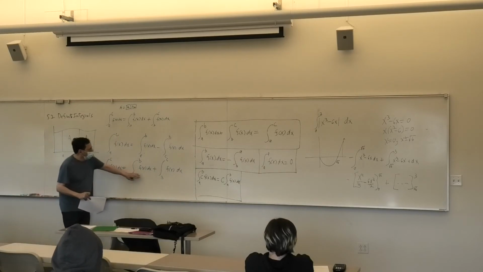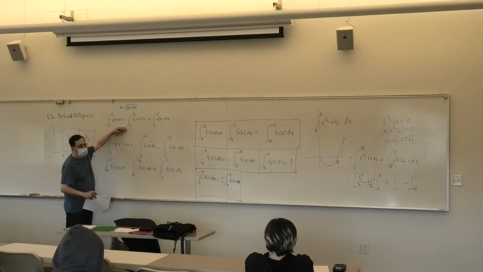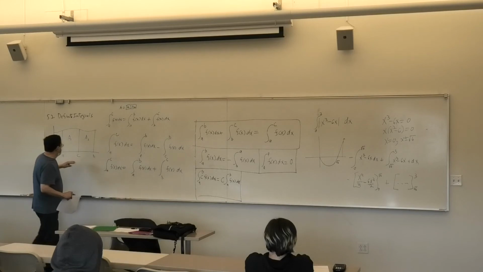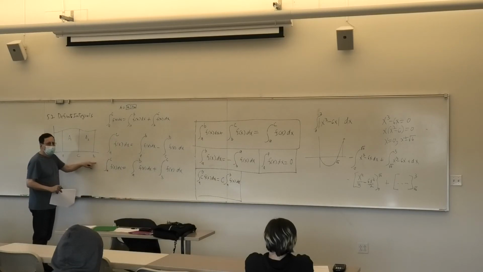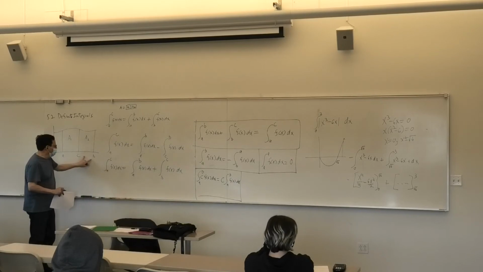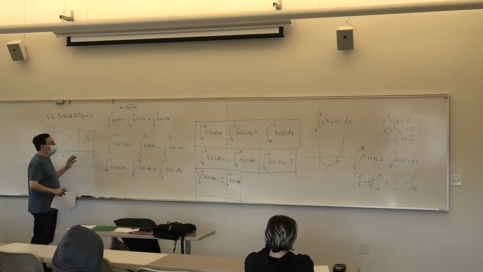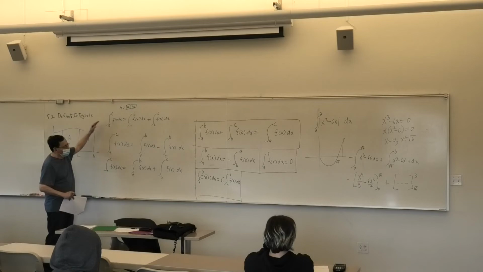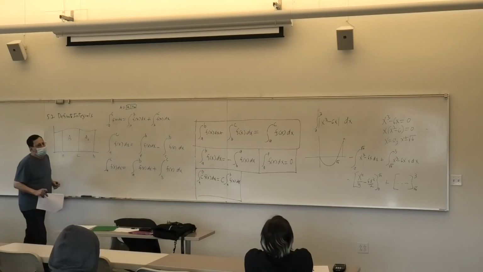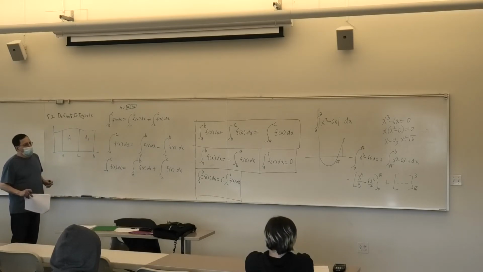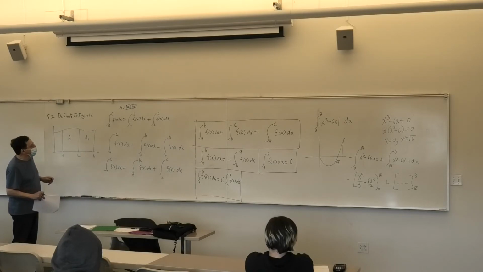Well, that's the same formula I had over here, except that now my points have been switched. The point being, you can switch the points however you want. The same formula applies. Is that okay? I think that was a little better.